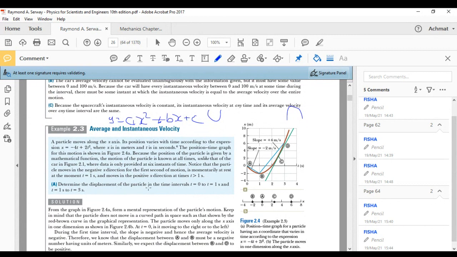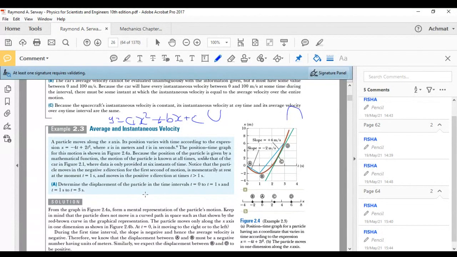Determine the displacement of the particle in the time interval from 0 seconds to 1 second. Find the displacement. That's my initial position, 0. That's my final position, -2.